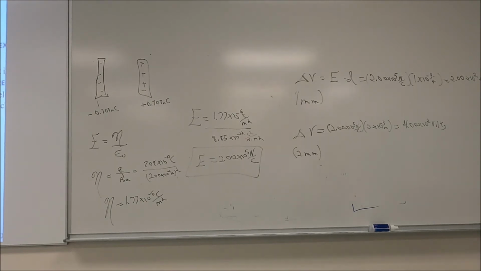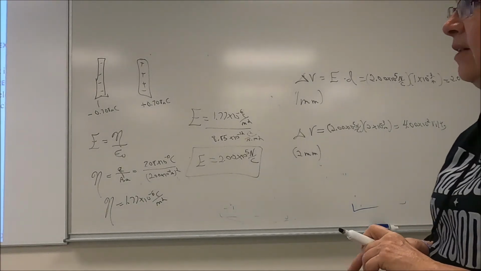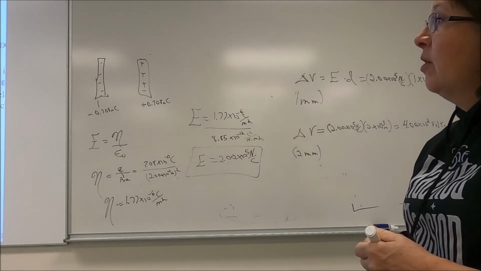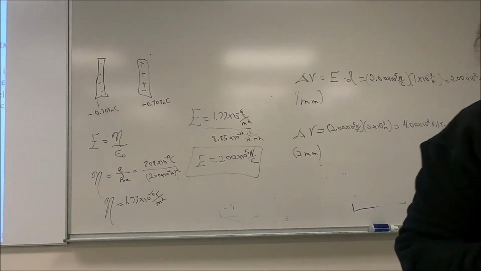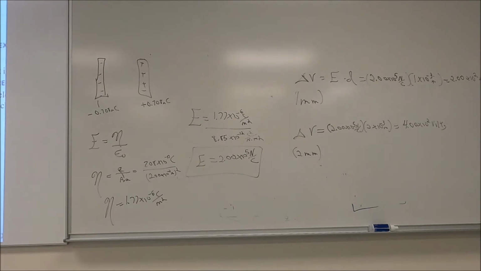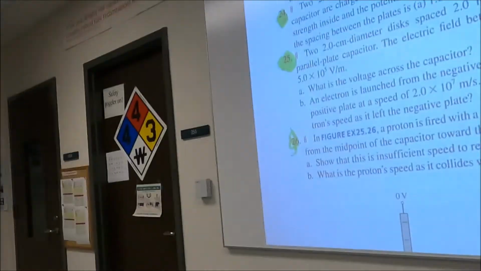Okay, so not too bad, right? We can do that. Now the other problem I wanted us to look at was problem 26. Same page. So let's look at problem 26.